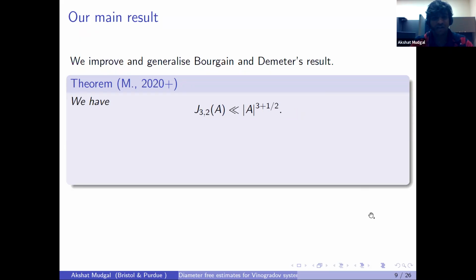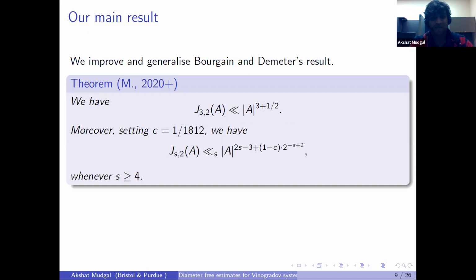But the novelty of our result is for larger values of s. So for larger values of s, you get A to the power 2s minus 3, which is what the conjectured bound is, plus an exponent which decays exponentially. So as s becomes large, this becomes small very quickly. And you've got a further dampening factor of this 1 minus c. So c is a strictly positive constant.